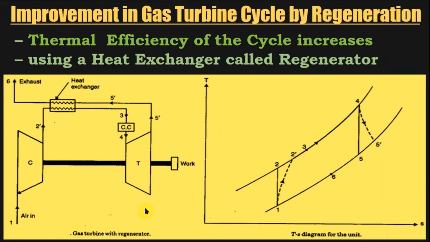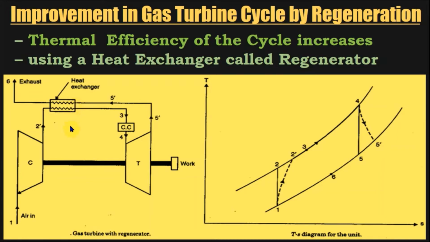Here you can see in the block diagram, we have the compressor which takes in air and compresses it, and that air is passed on to the combustion chamber via this heat exchanger. In a heat exchanger, you have two fluids, one absorbs heat whereas the other rejects heat.